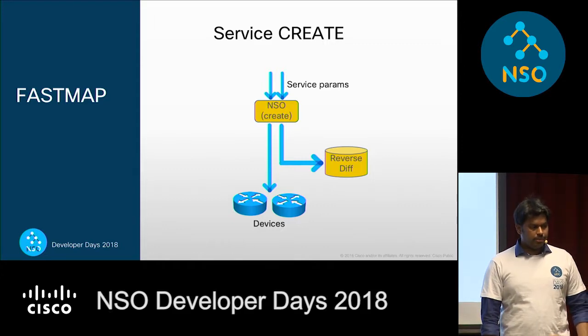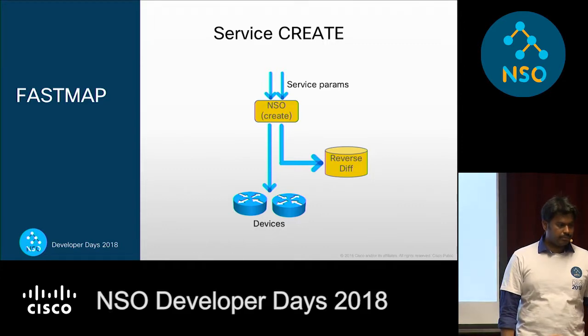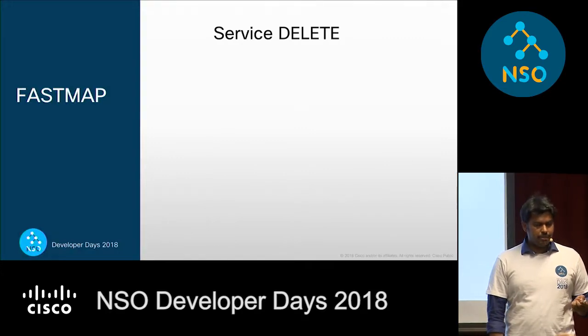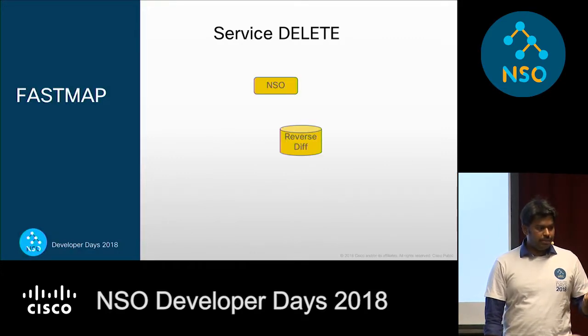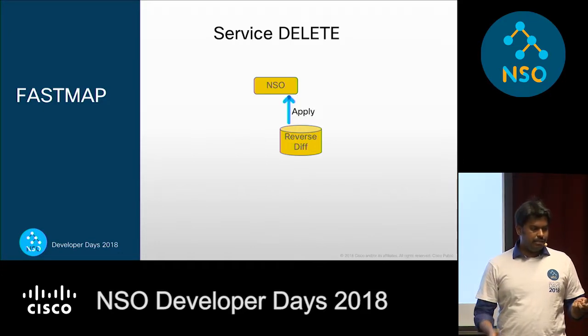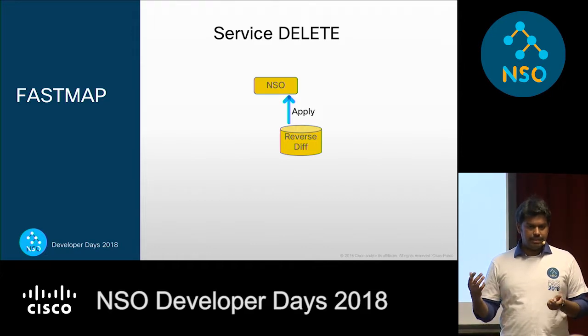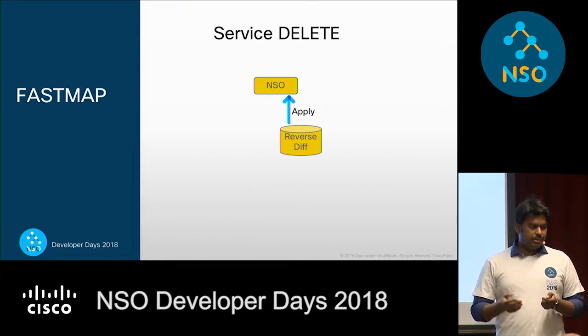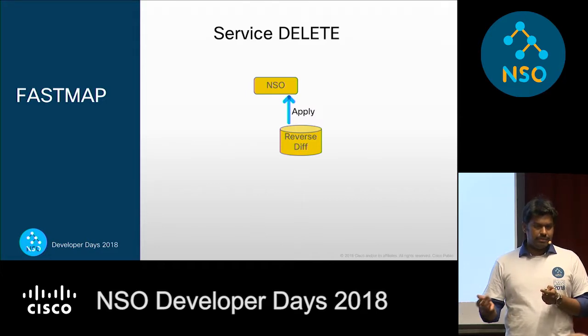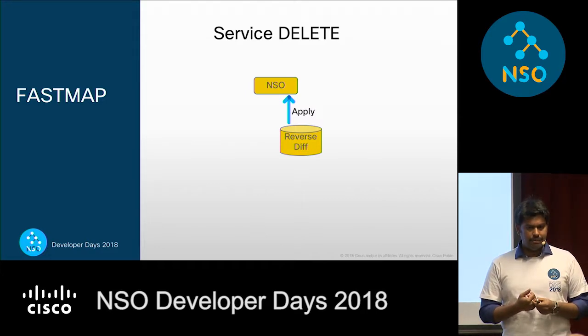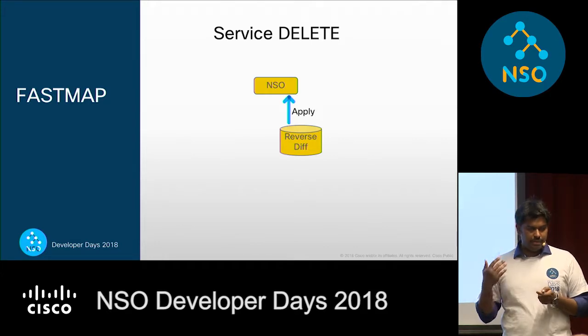And then when you want to delete the service, how does that work? You have the reverse diff in the CDB, and when you want to delete the service, you just apply the reverse diff in memory and then calculate the diff needed to bring the device to this state, because you have the device config also in CDB.